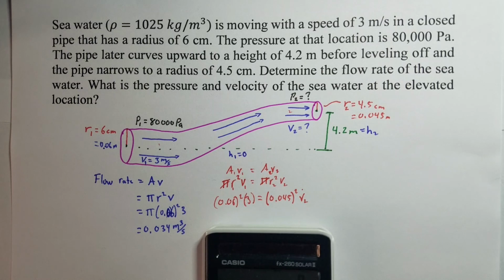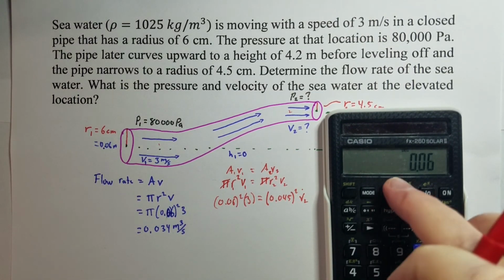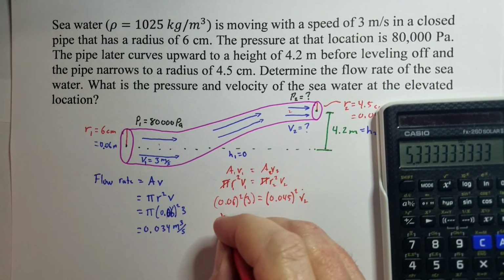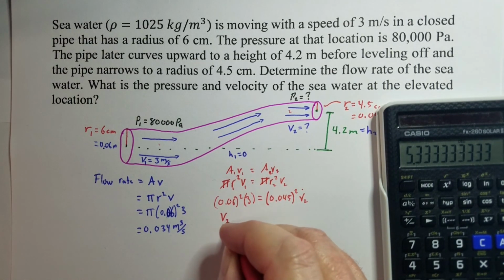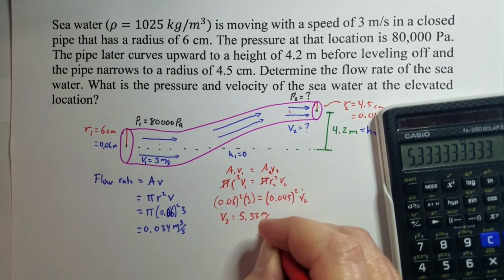So let's see what we get. 0.06 squared times 3 divided by 0.045 squared equals our speed in that upper section, which is going to be 5.33 meters per second.